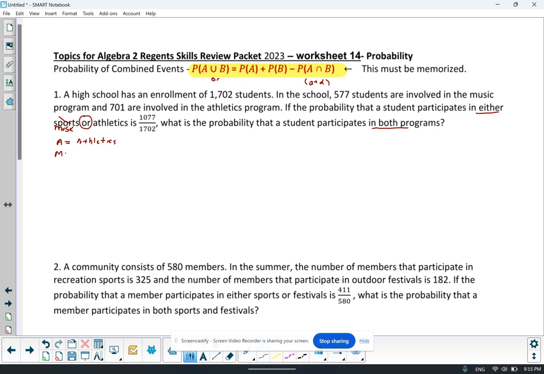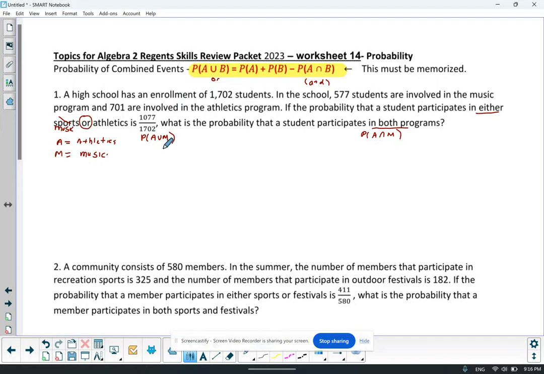So M as music. They want you to find the probability of A and M. And what they gave you, this 1,077 over 1,702 represents probability A or M.